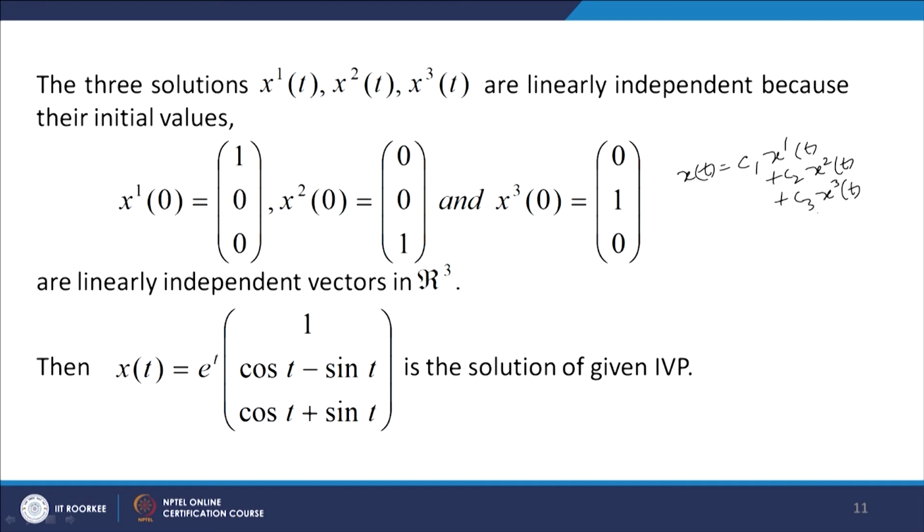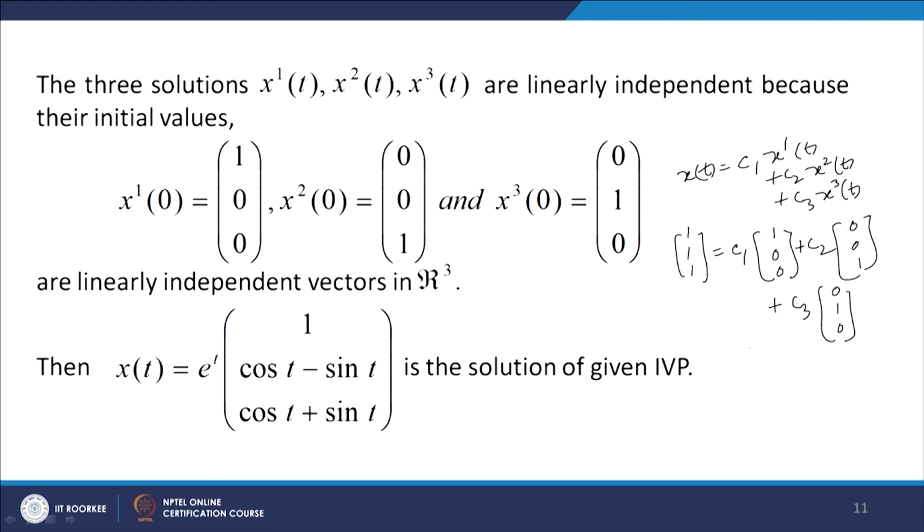Then you put t = 0. When you put t = 0, you get (1, 1, 1) = c1 times x1(0), which is (1, 0, 0), then c2 times x2(0), which is (0, 0, 1), and then c3 times (0, 1, 0).